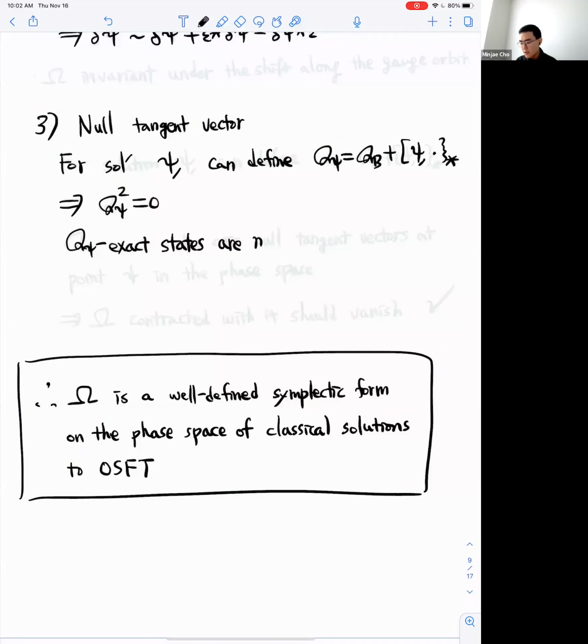What are they? From the perspective of phase space, there are no tangent vectors at the point psi in the phase space.